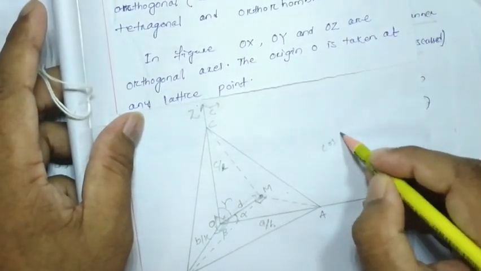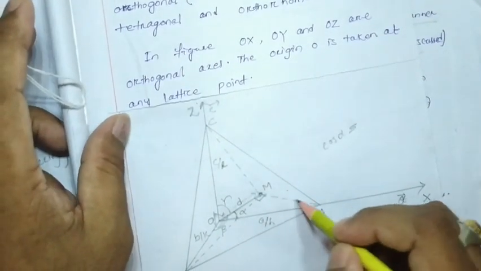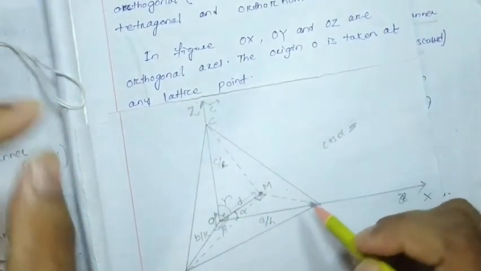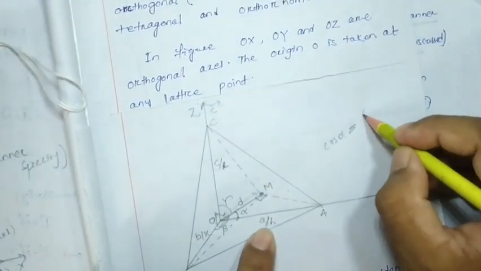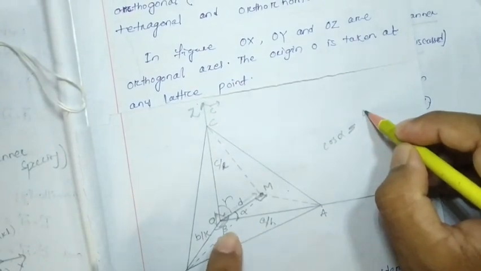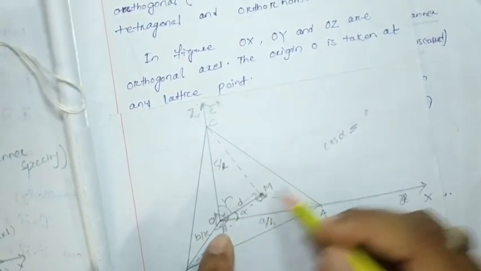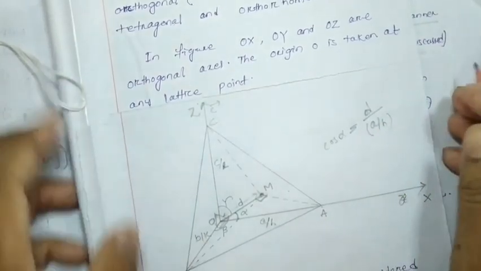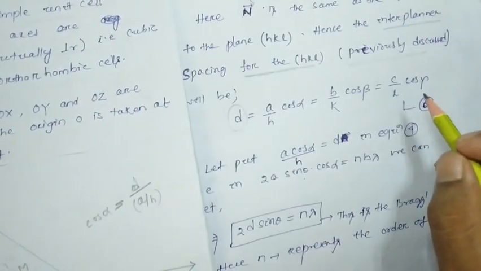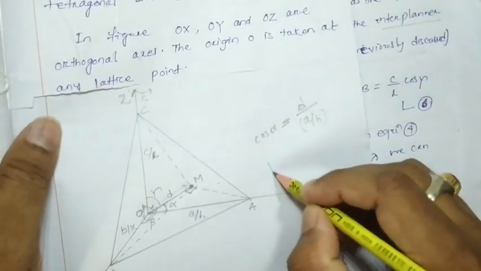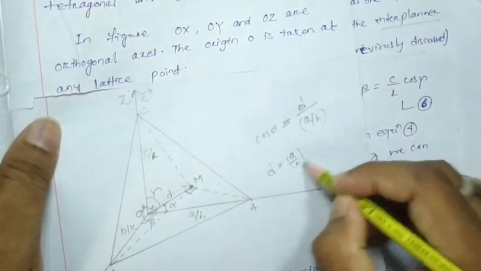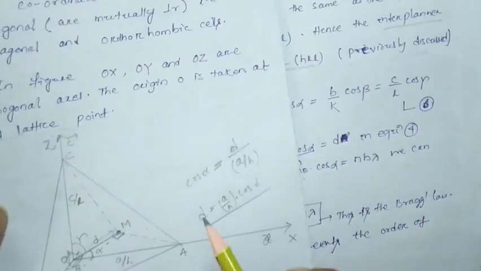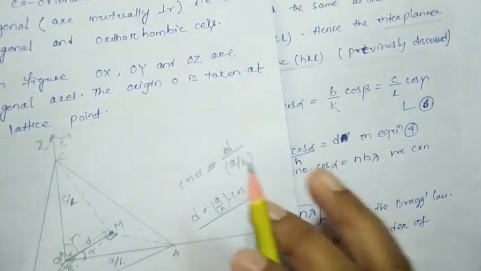If I consider cos alpha of the triangle OMA, cos alpha will be d by a by h. Hence d equals a by h into cos alpha. In detail I have discussed this in that video.